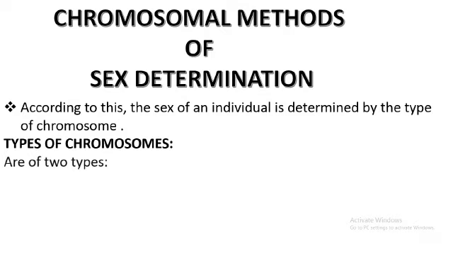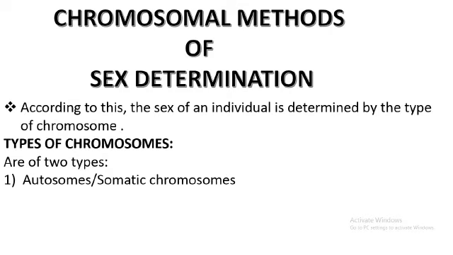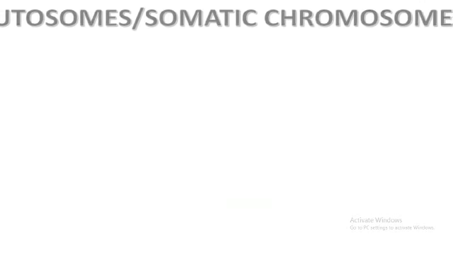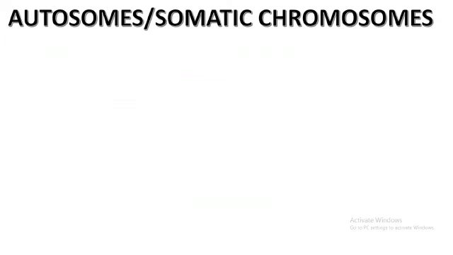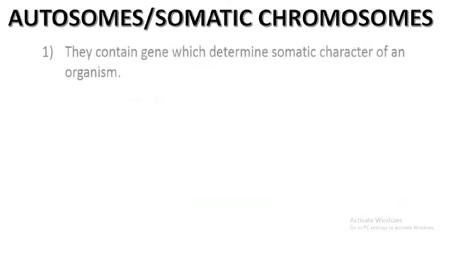Chromosomes present in an organism can be categorized into two types. The first one is autosomes, or somatic chromosomes. The second is allosomes, or sex chromosomes. Now let us understand what autosomes or somatic chromosomes are.